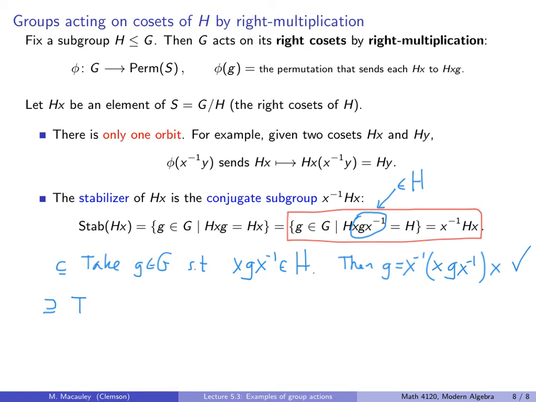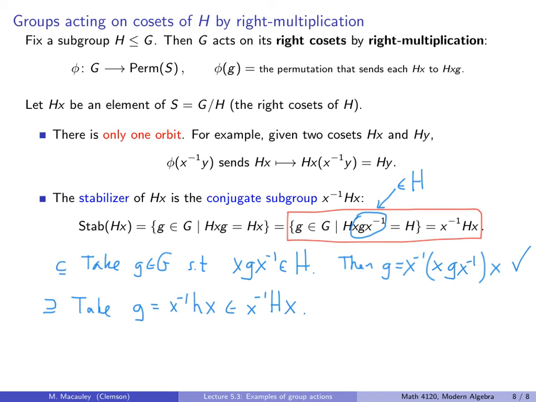So let me call it G. I'm taking an element in x inverse big H x. So let's call that element x inverse little hx. In other words, it's that product. And let's call that product little g.